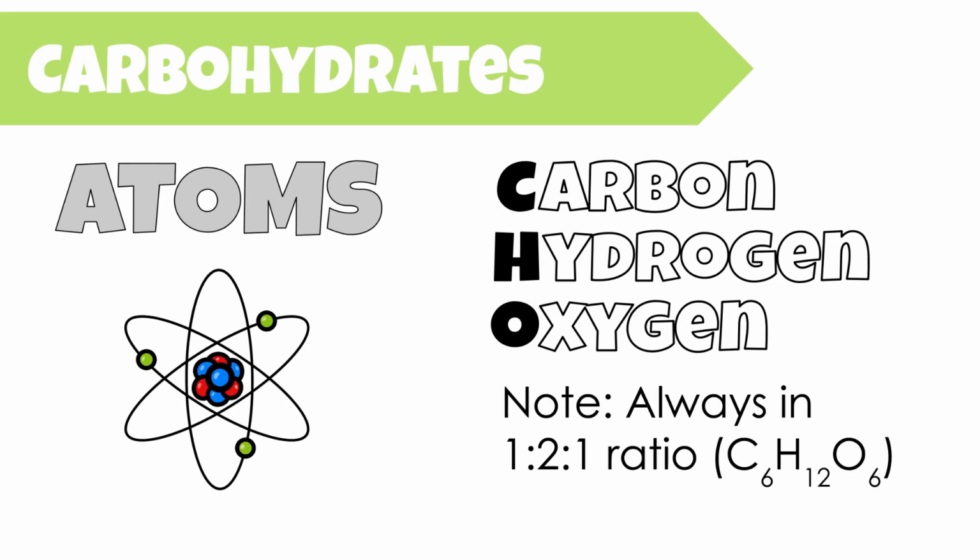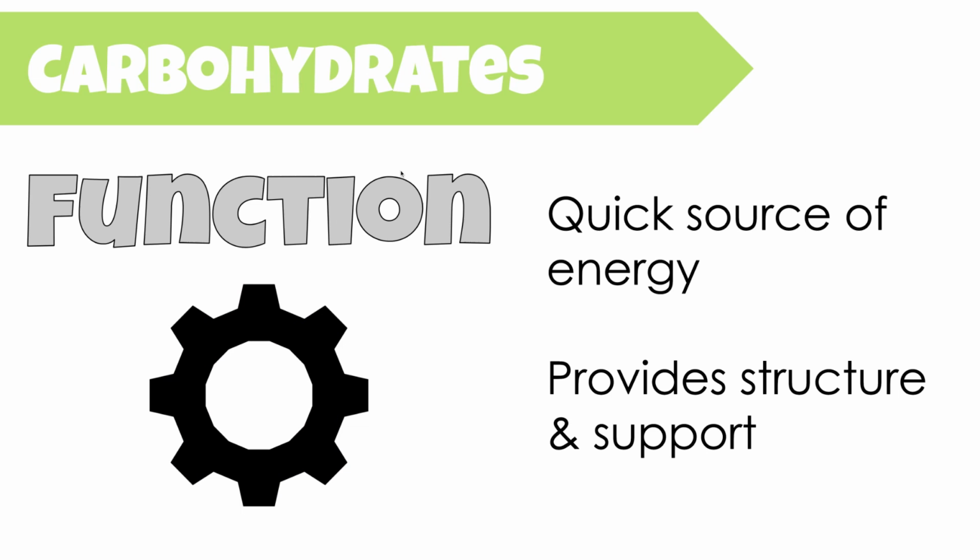For example, glucose is a carbohydrate. It's made up of 6 carbon atoms, 12 hydrogen atoms, and 6 oxygen atoms. If we reduce that into a simple ratio, it would be 1 carbon for every 2 hydrogen for every 1 oxygen. So all carbohydrates fall in this ratio, and the only atoms that make them up are carbon, hydrogen, and oxygen.